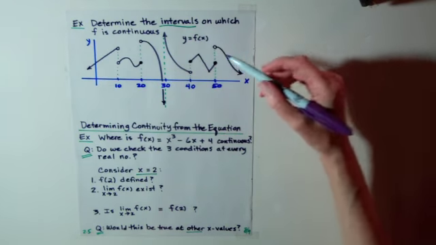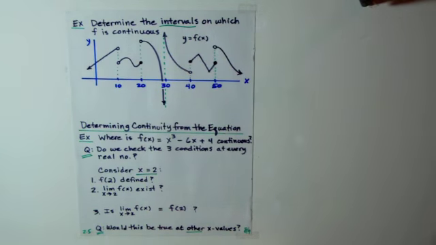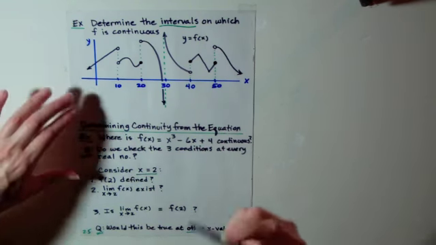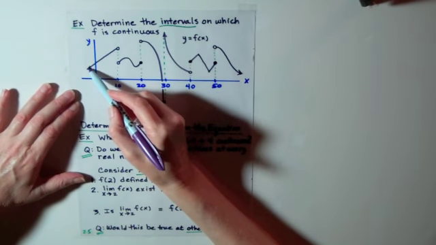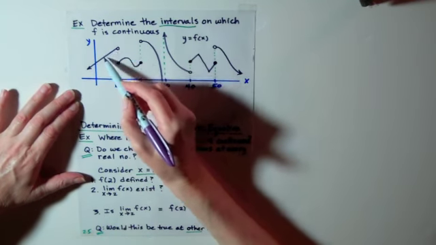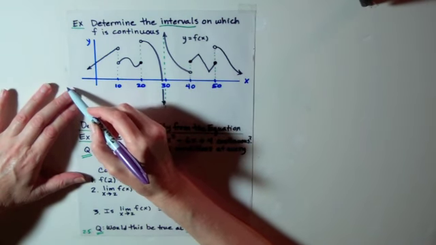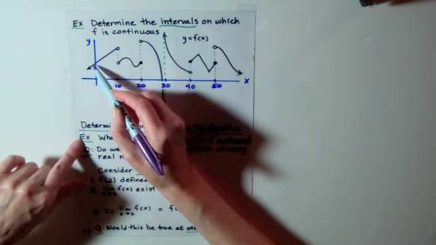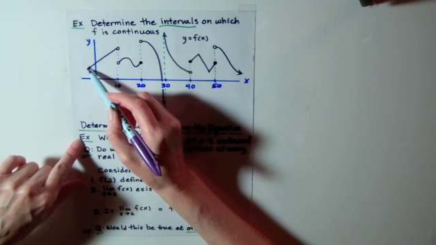It's all one graph, y equals f of x, and we are asked to determine the intervals on which f is continuous. Let's do one of the intervals together, and then I'm going to have you stop the video and try to do the others on your own. So remember that when we put an arrow on the graph, we mean that it continues in more or less the same way. So when I put an arrow here, it means that the function doesn't just stop.